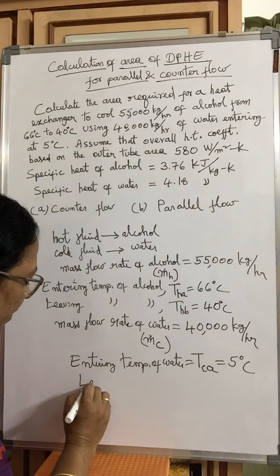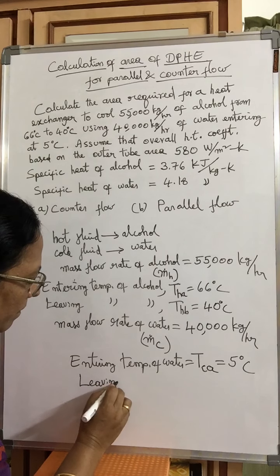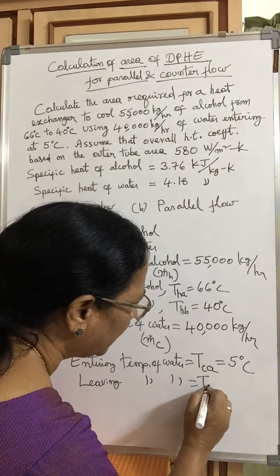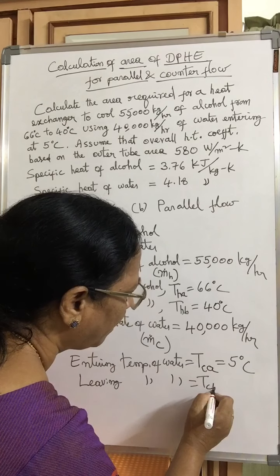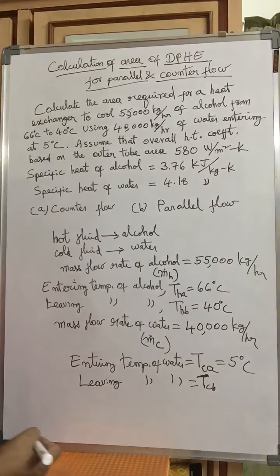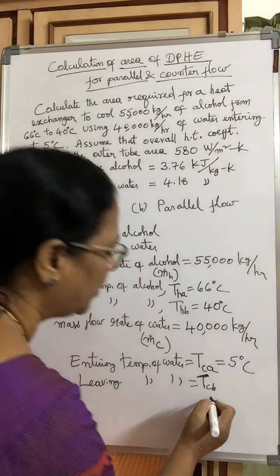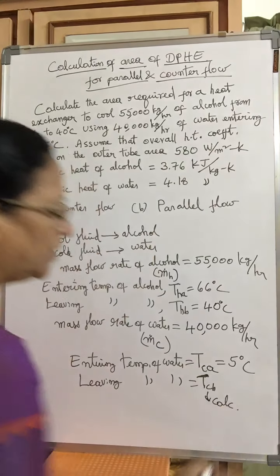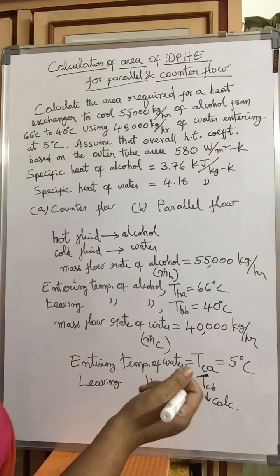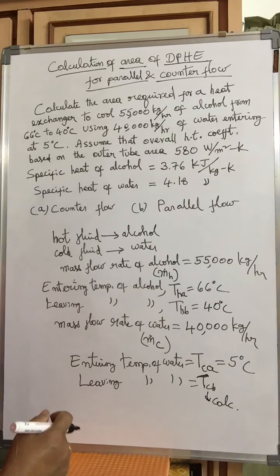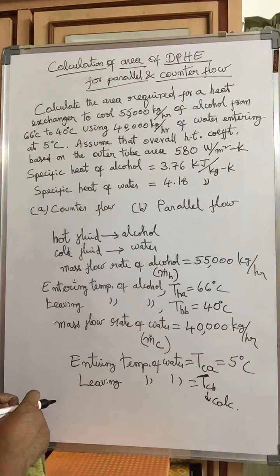And the leaving temperature of water, denoted by T_cb, is not given. Let it be T_cb, not given. You need to calculate it, because you need to calculate delta T_LN, and all 4 temperatures are required to calculate delta T_LN.